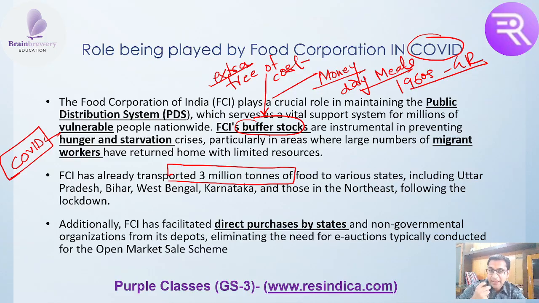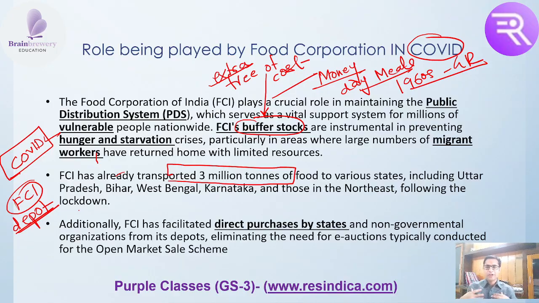FCI facilitates direct purchase by the states and non-governmental organizations from its depots. From there, the state government or non-governmental agency can come and directly purchase, and because of that there is no need for e-auction or any open market sale.